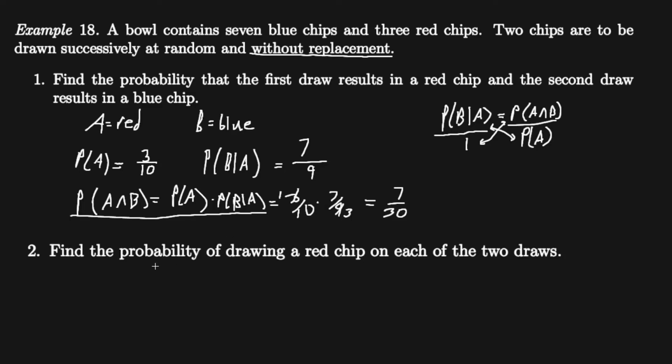So now we can move on to the second question, saying find the probability of drawing a red chip on each of the two draws. So both draws would be the red chip. First we set A equal to the first red chip, and then B would be our second red chip.